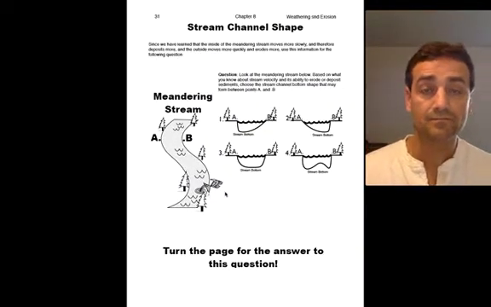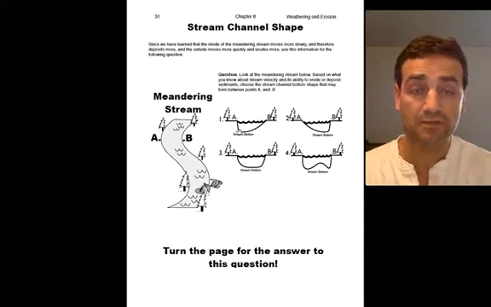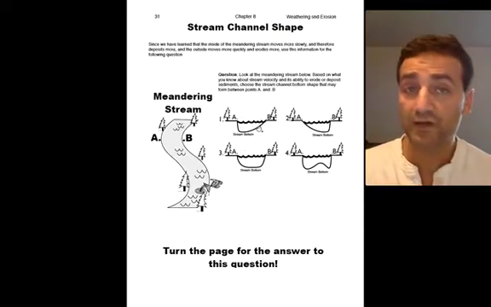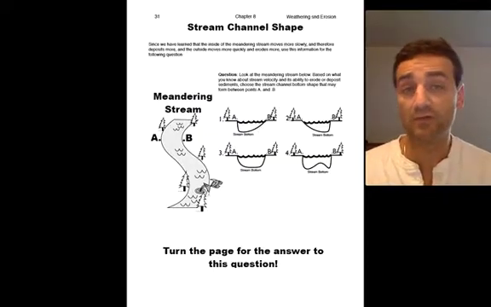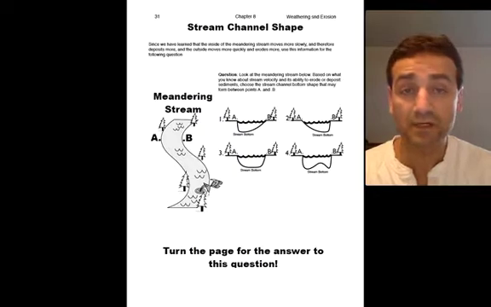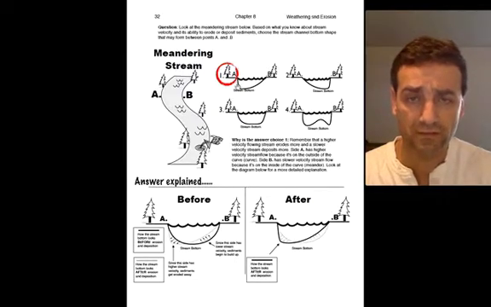And here, this is the stream bottom, right? The bottom of the stream. And where it moves faster is where it's going to erode, and where it moves slower, it's going to deposit. And that's why here the answer is 1. A moves faster, therefore it erodes more.